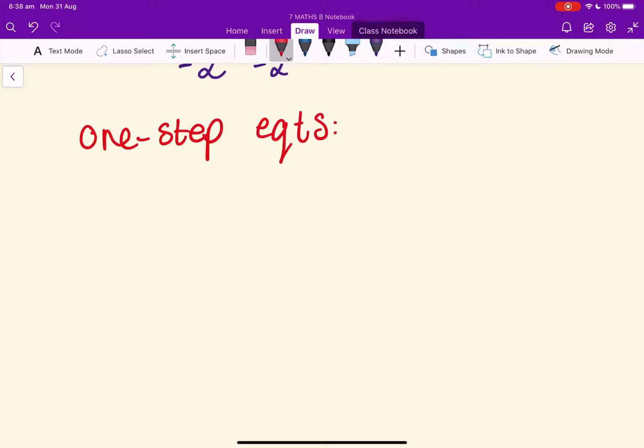Question 1. You have 5x equals 30. Now remember, when you have the 5 next to the x, there's a little invisible multiplication sign in there. So what we want to do is divide both sides by 5 to get the x by itself, okay?